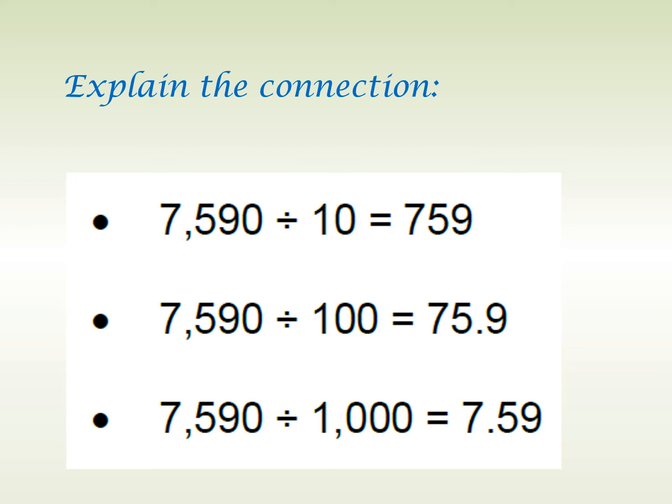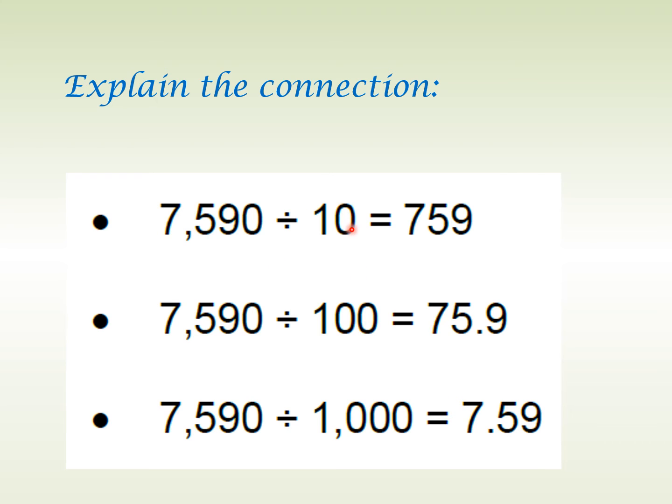What you might have noticed, the same way that when we times by 10 and times by 10 again, it was the same as timesing by 100, here it's the opposite. Dividing by 10 and dividing by 10 again is the same as dividing by 100. And if we divide by 10 and divide by 10 and divide by 10 again, it's the same as dividing by 1,000.